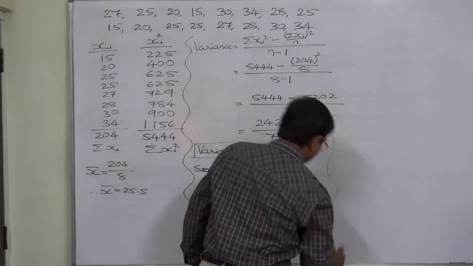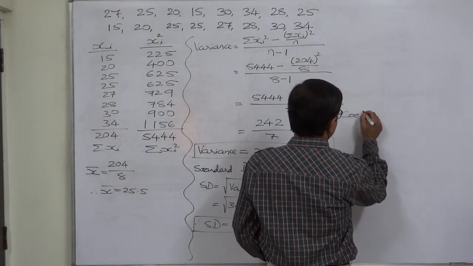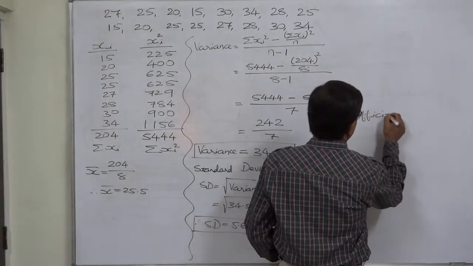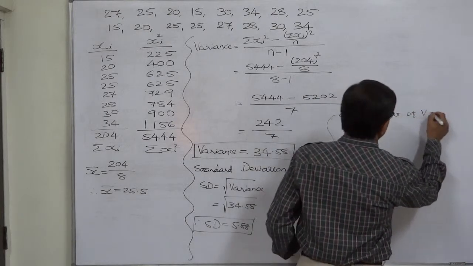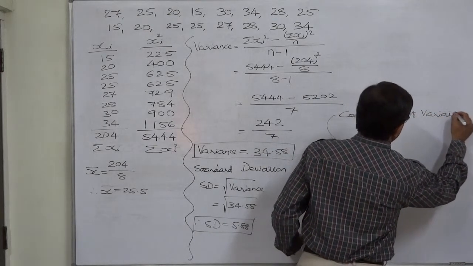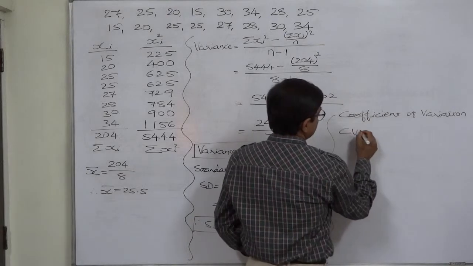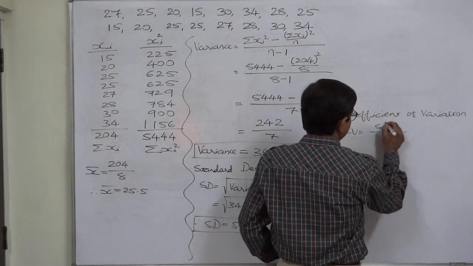And let us calculate the coefficient of variation. CV, that is the percentage of standard deviation to mean.